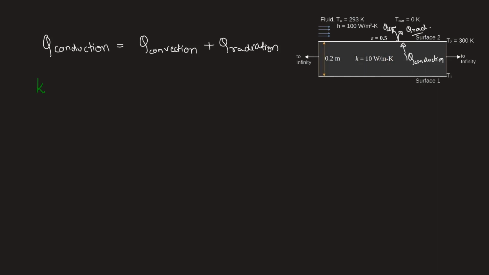We take unit area, so A is 1, and dT by dx will be equal to the convective heat transfer, H, the heat transfer coefficient, into T2, the surface temperature, minus T infinity, the temperature of the surrounding medium, plus Stefan-Boltzmann constant sigma into emissivity epsilon into T2 raised to 4, the temperature of surface 2, minus TE raised to 4.